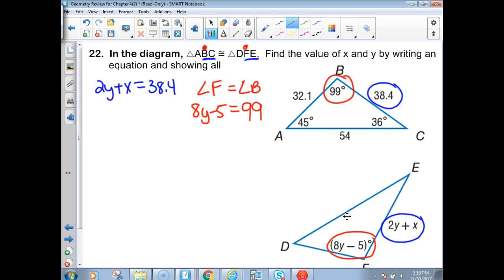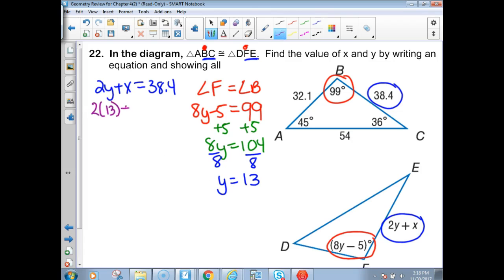Plug that in, so now I can solve for y. I'm going to add 5. 8y equals 104, and then I divide by 8. Let's hope that goes nicely. I believe it does. What is it? 13. Perfect.